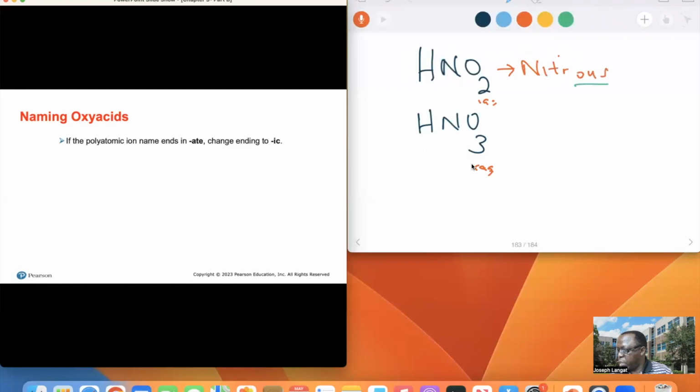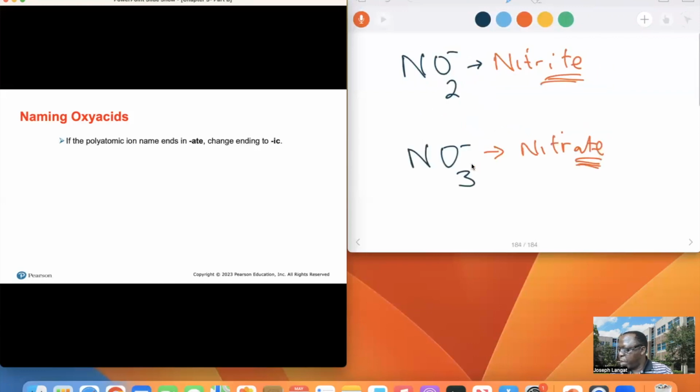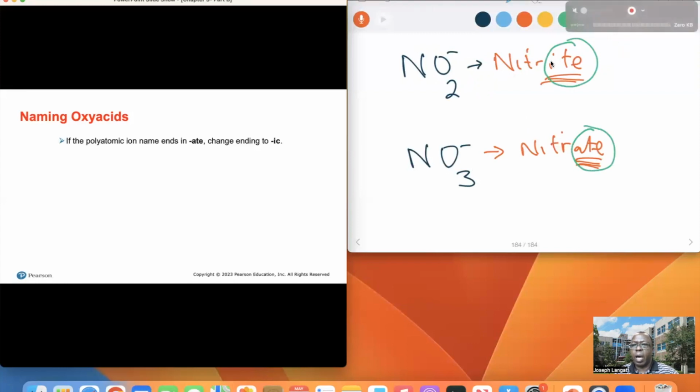And this one is nitric. Look at how I've changed from ATE here. If polyatomic ions end with ITE, you change the ending to OUS.